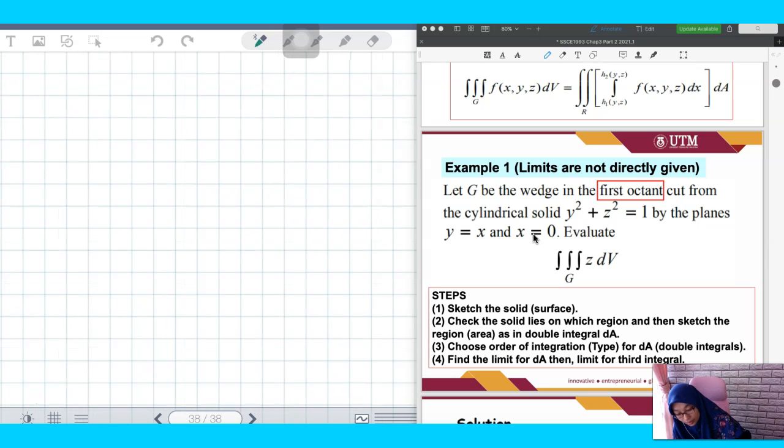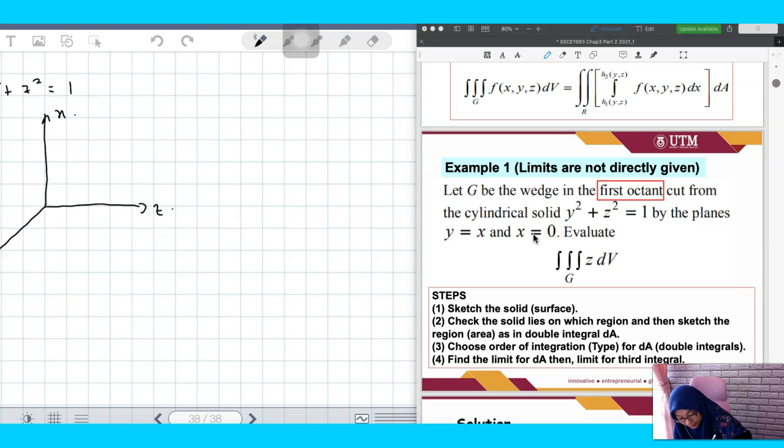The first one is y squared plus z squared equal to 1. I don't want to explain the traces or the projection, so please do it yourself. This is on chapter 1. In this case, I want to have y here and z here, and this one is supposed to be x.